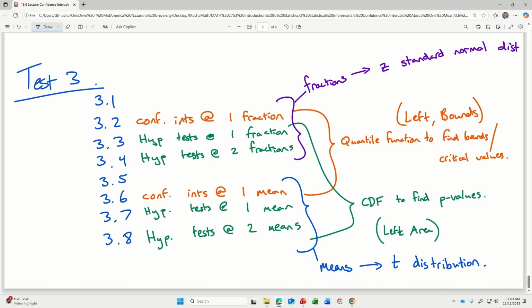So hypothesis is which one again? CDF. And then intervals are the quantile function.